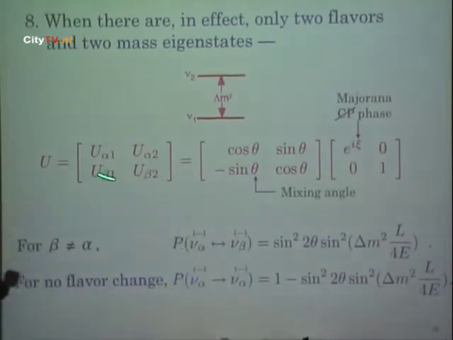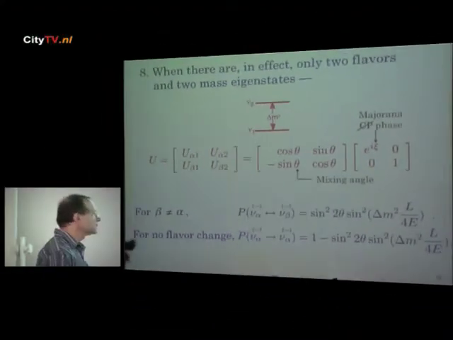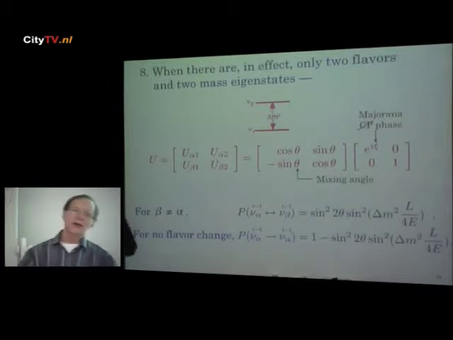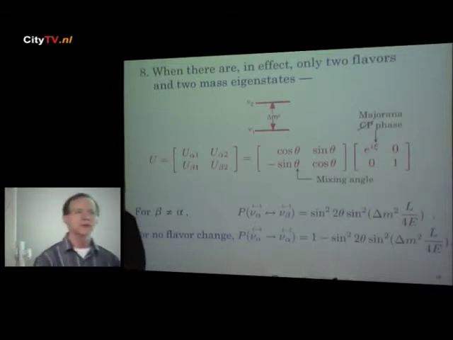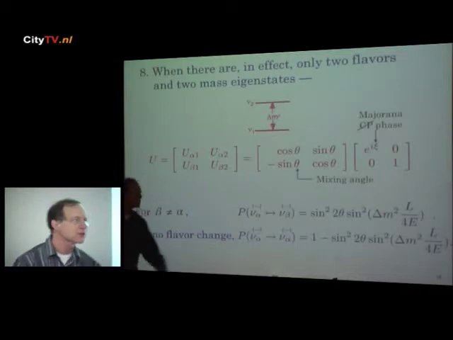And the most general expression for a 2 by 2 unitary matrix that takes into account that certain phases don't have any meaning, because what I call an electron you can call e to the i 37 degrees times an electron. You can remove phases that way.